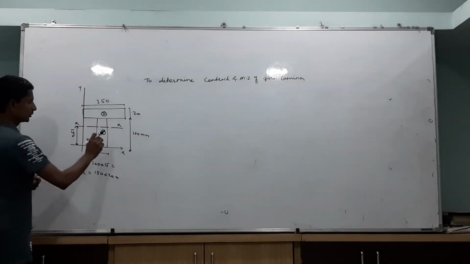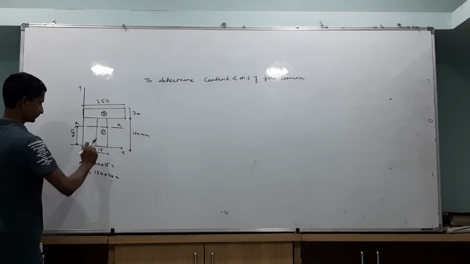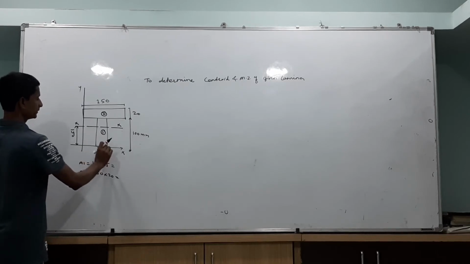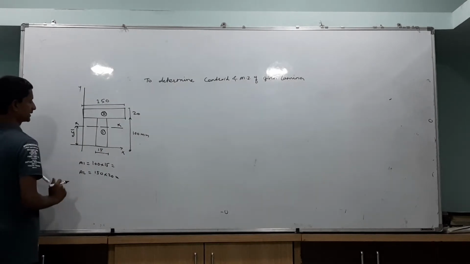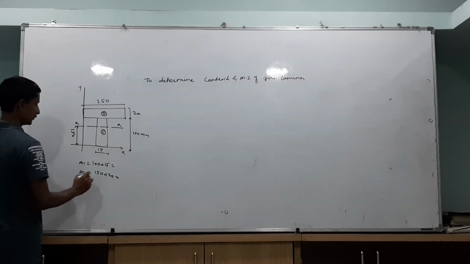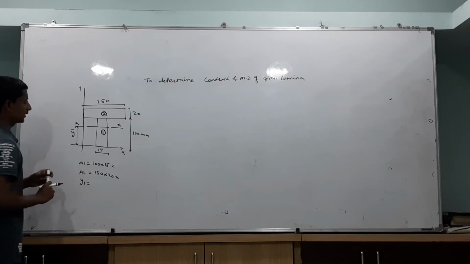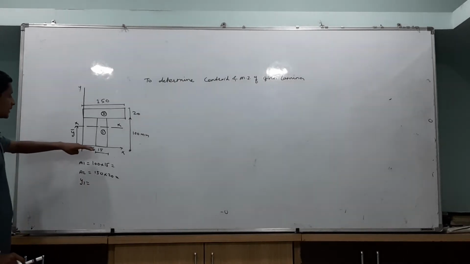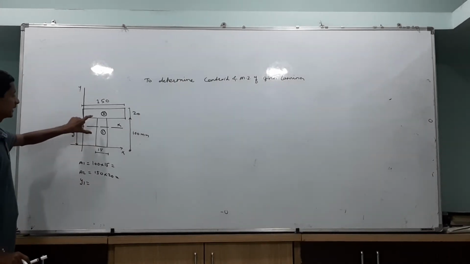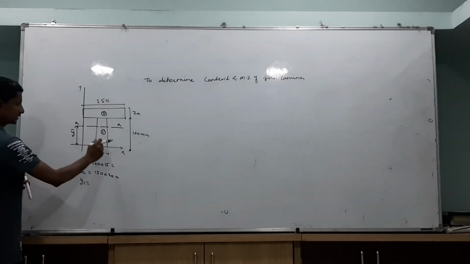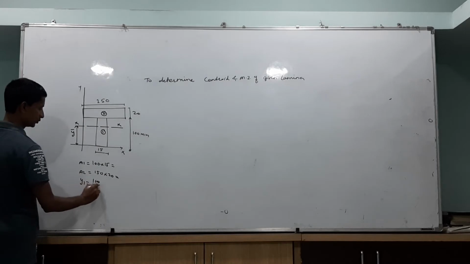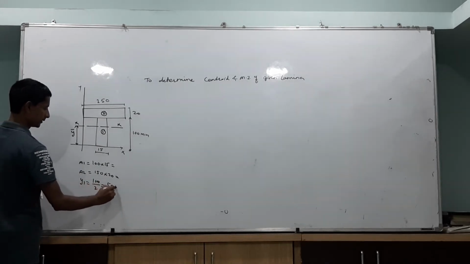After that, we have to determine the centroid of area number 1 from the reference axis, that is y1. y1 is the distance of the centroid of area number 1 from the reference axis x. So y1 is equal to 100 divided by 2, that is 50.